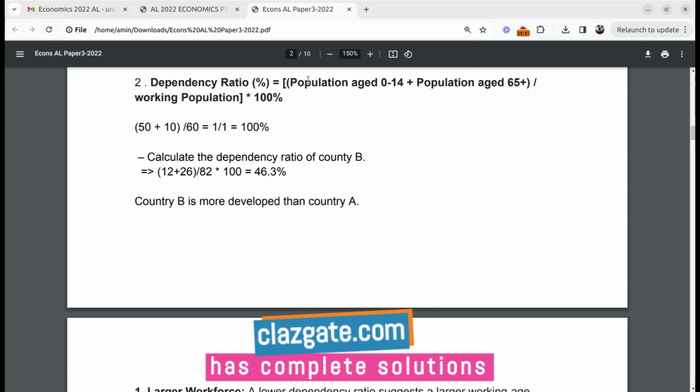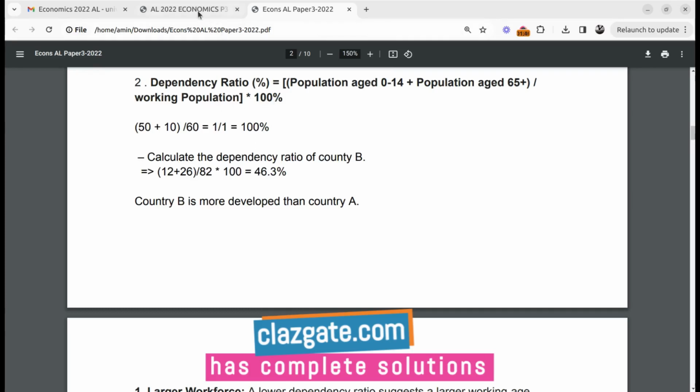When you get your answer to this, you multiply it by 100. That is how you get the dependency ratio.